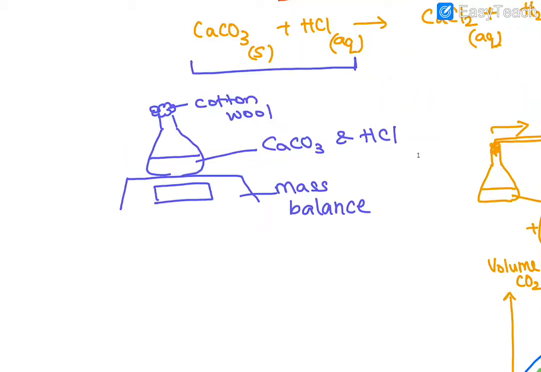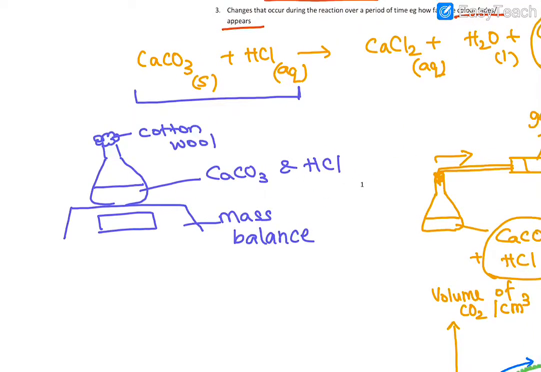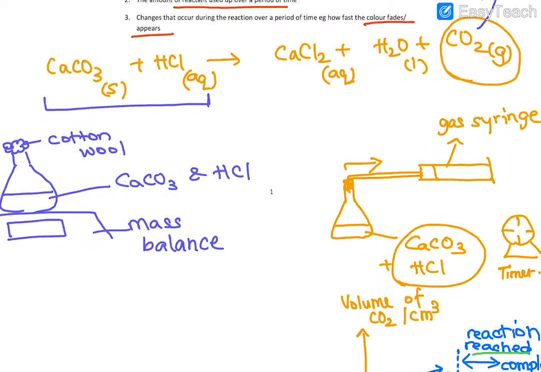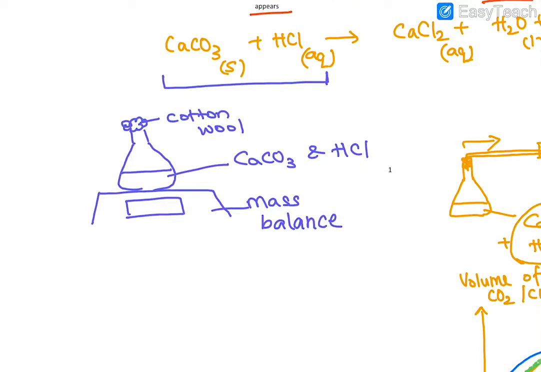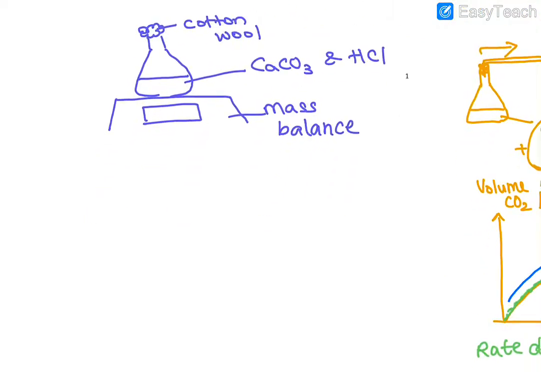So here we have a mass balance that is used to record the mass of the reaction mixture. So you have the mass of the conical flask, calcium carbonate, and HCl. Calcium chloride produced will stay here, water produced will stay here, and all the carbon dioxide produced is going to escape. So we have the mass that is going to be recorded with time.